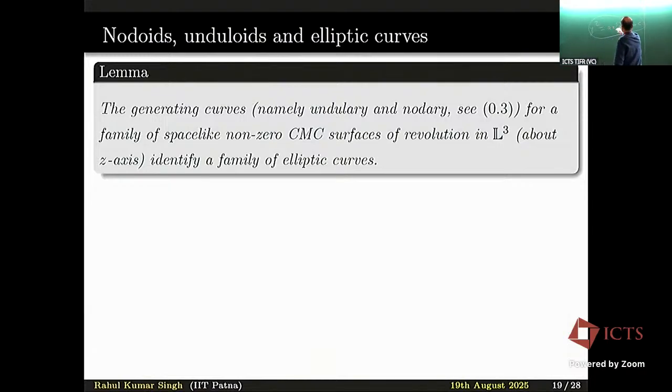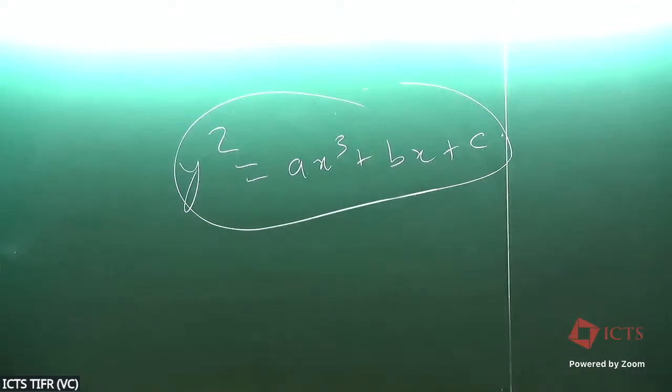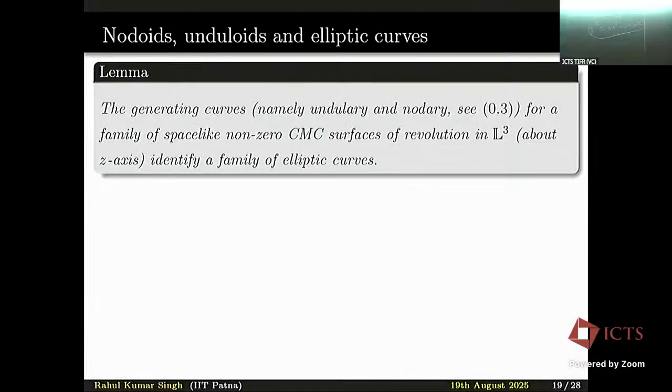And of course, you say such an elliptic curve is smooth if one can define the discriminant of this, and if this discriminant is non-zero, you say the corresponding elliptic curve is a smooth elliptic curve. So when I say this will identify a family of elliptic curves, I mean we will get smooth elliptic curves.